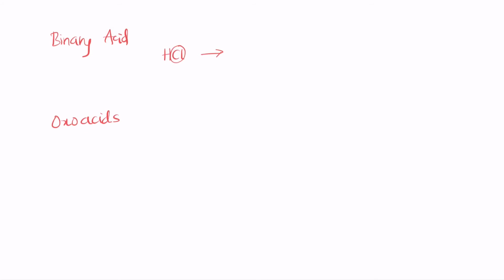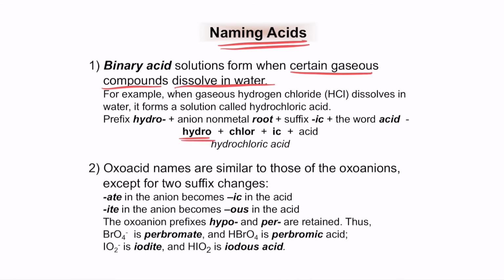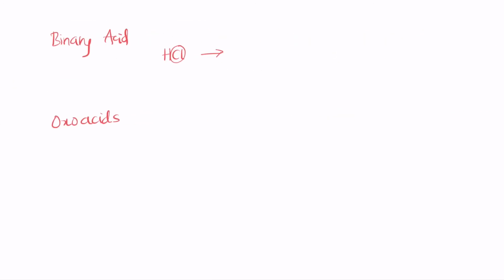We write the prefix hydro plus the anion root and then the suffix ic. Here it is hydro, the anion is chloride, so it becomes chlor, and then ic acid.